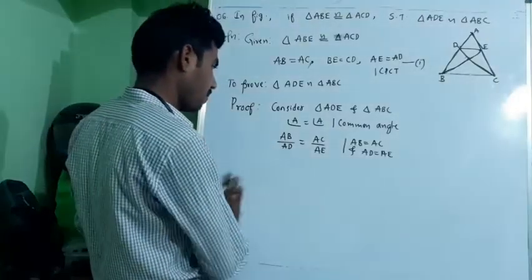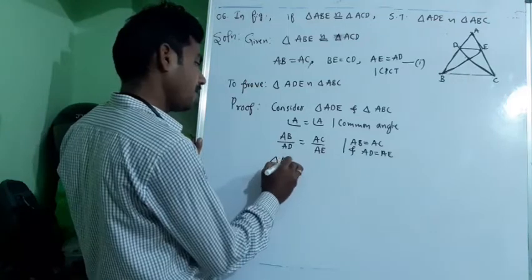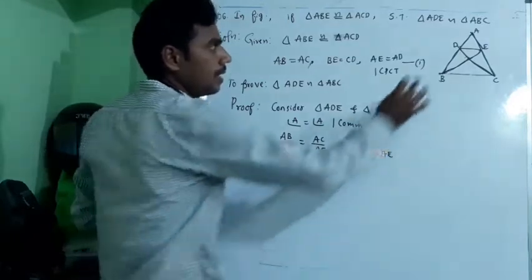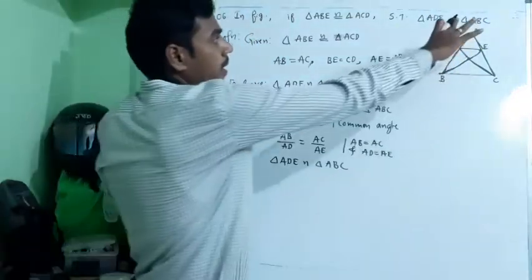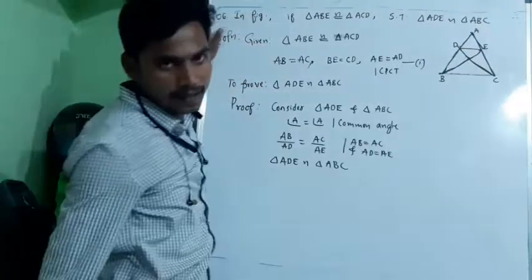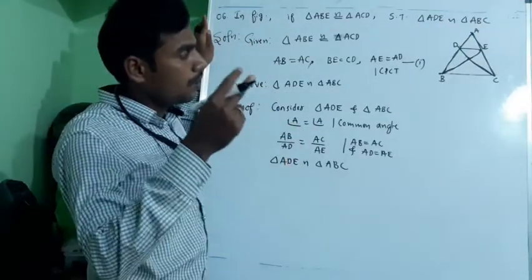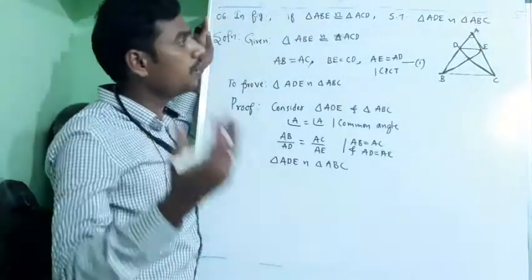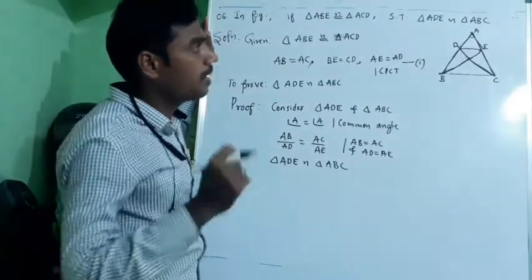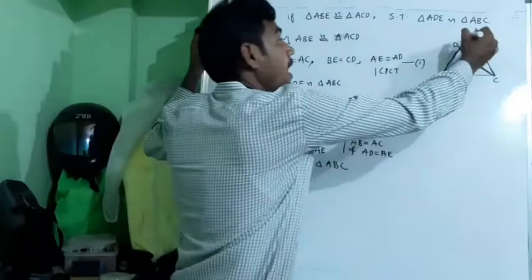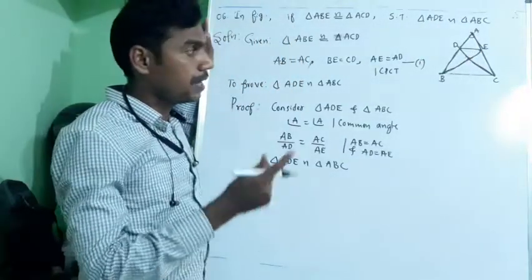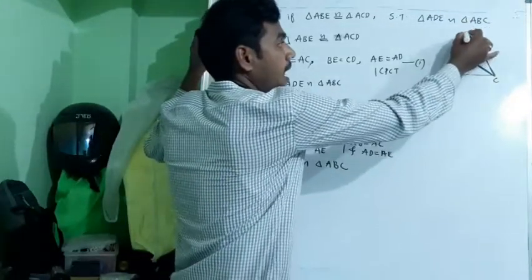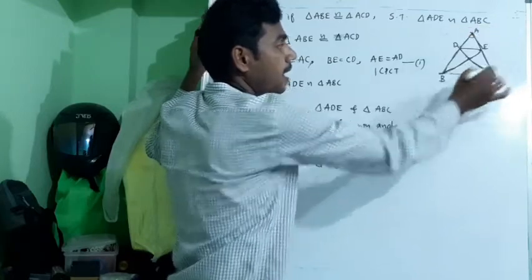So what can I write? Triangle ADE is similar to triangle ABC. Why? Because angle A is common and AB by AD is equal to AC by AE. See, one angle of this triangle is equal to the corresponding angle of the other triangle, and the included sides of those two angles are proportional. Angle A is there in triangle ADE and in triangle ABC.